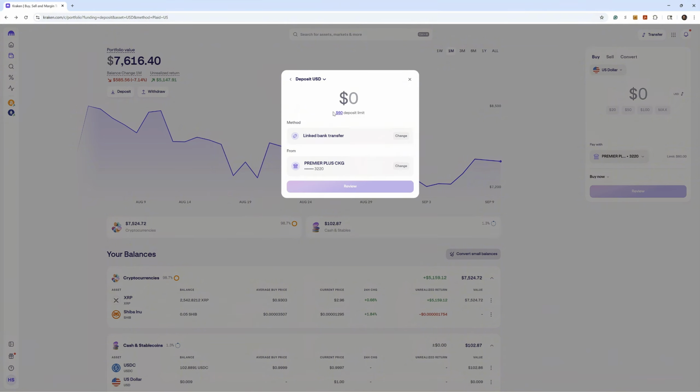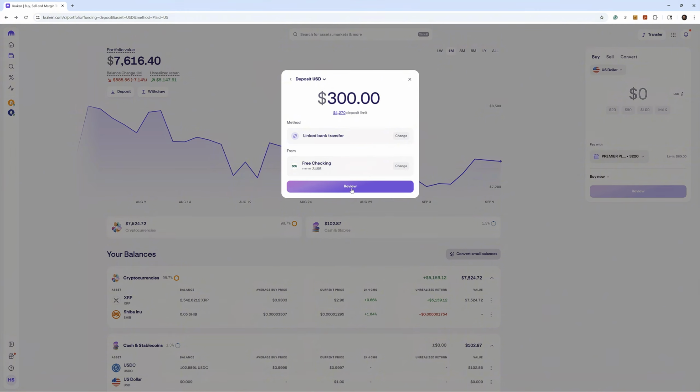So I have already set up one of my Chase accounts, okay, and then I can basically use that linked bank account, and then I can just choose the money that I want to put into the crypto wallet.